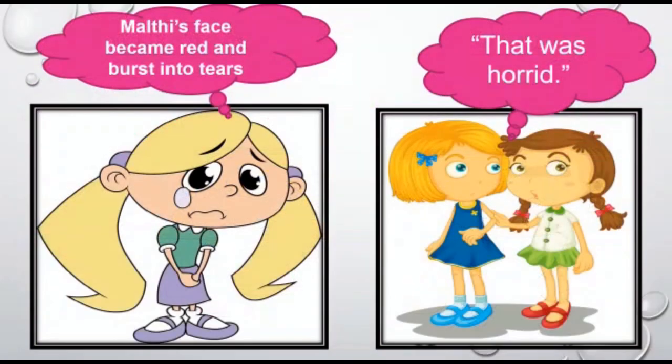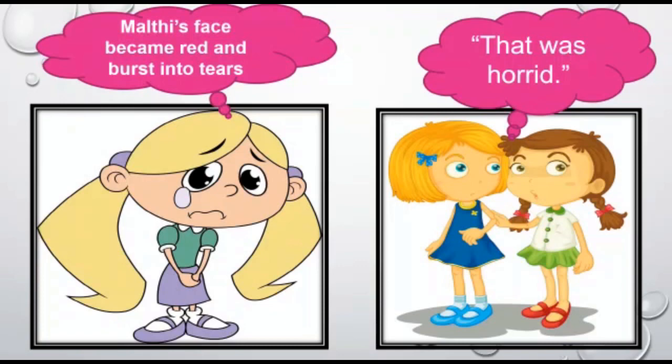Seeing all this, Rima's friends also felt bad for the first time because of Rima's behavior with Malti, and they started shouting at Rima. Seeing all this, Rima was very much shocked that her own friends had turned against her.